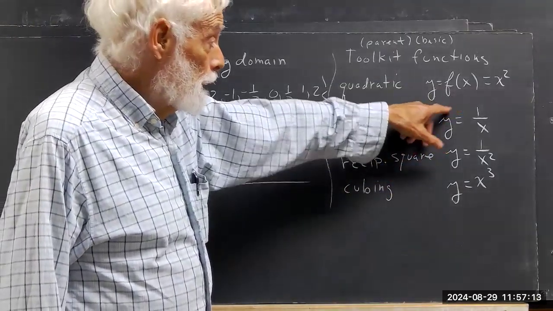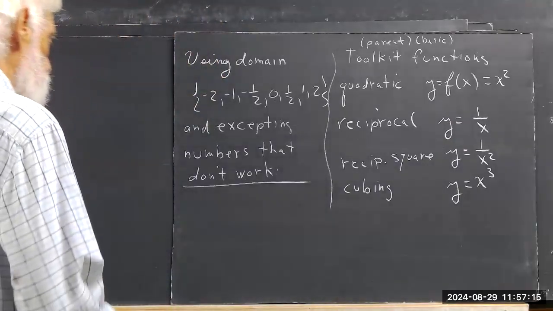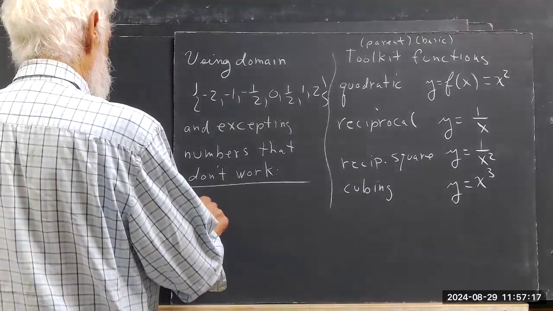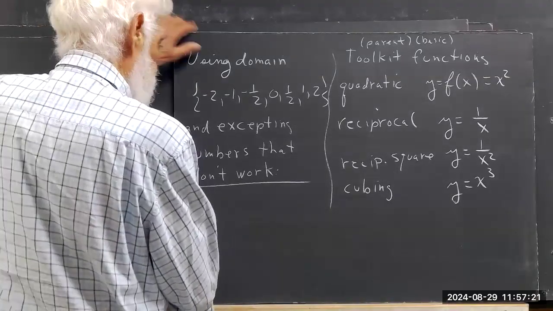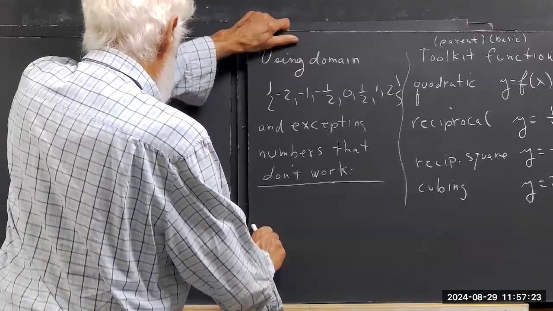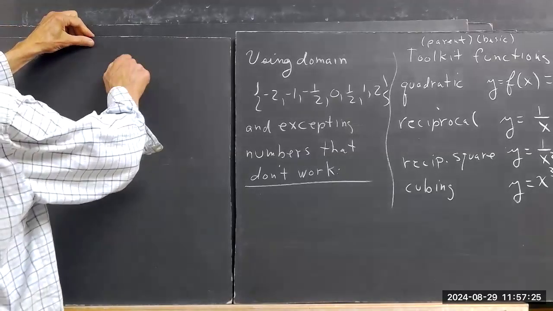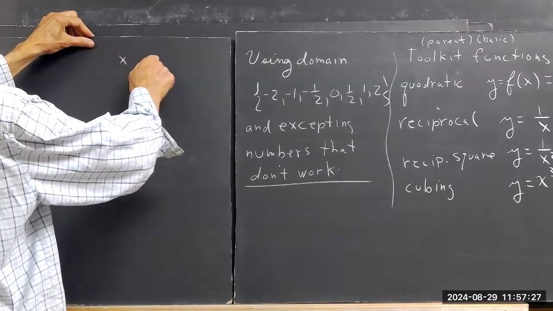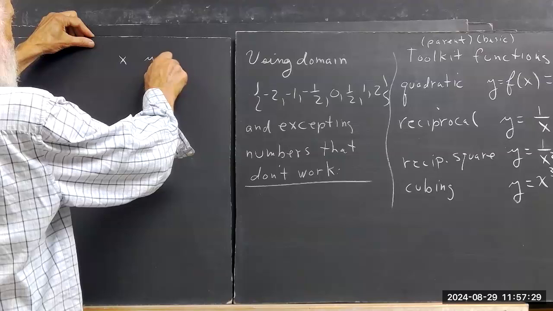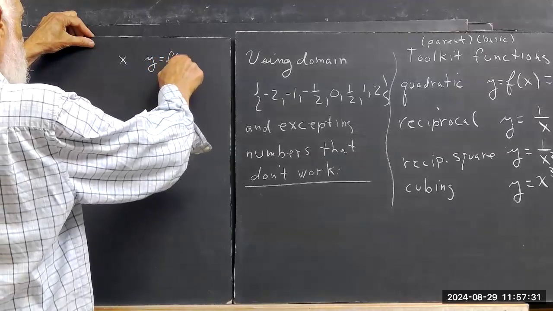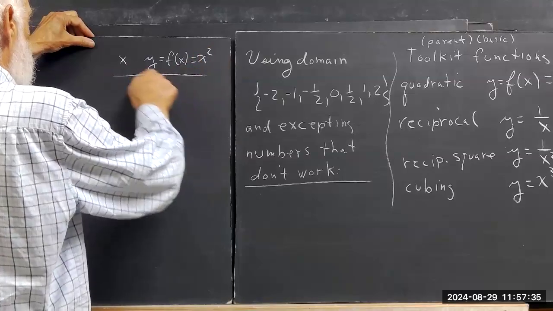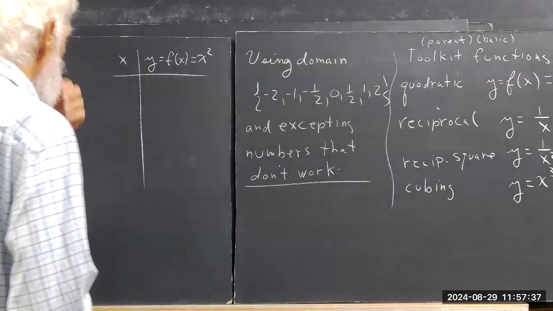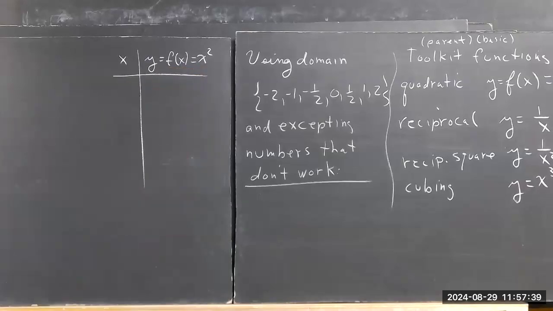Okay. y equals f of x equals x squared. So let's make a table. I guess I better come over here. I've got more room. I'm going to write out y equals f of x equals x squared.